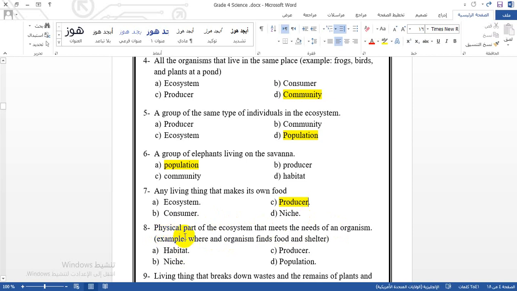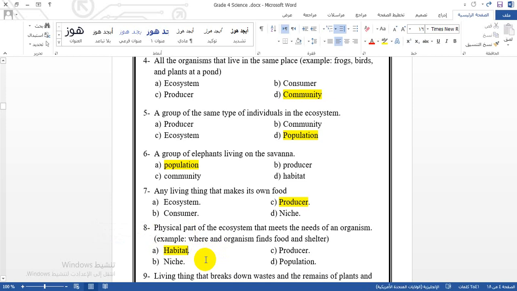When we say that the physical part, it is not niche or population or producer, it is something we call what? Habitat, where animals can find what? Their shelters. Okay, guys, so this is the physical part of the ecosystem, it is the habitat.